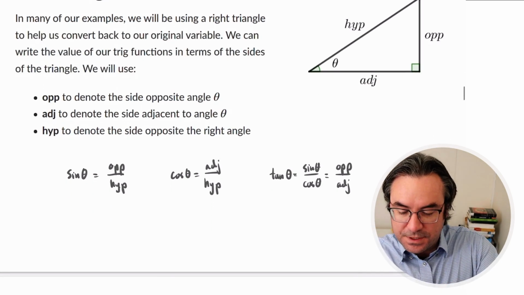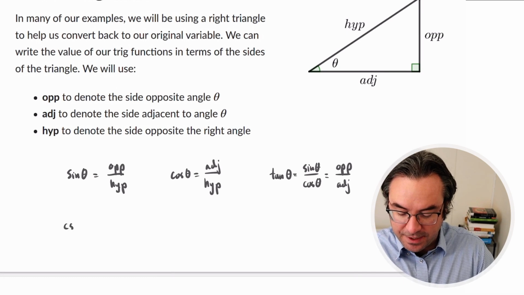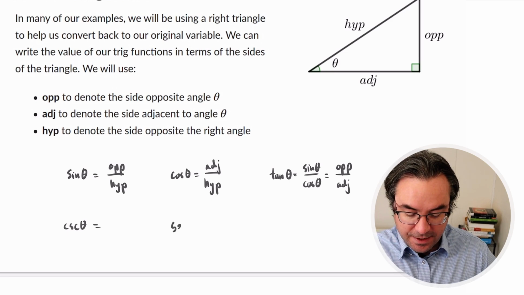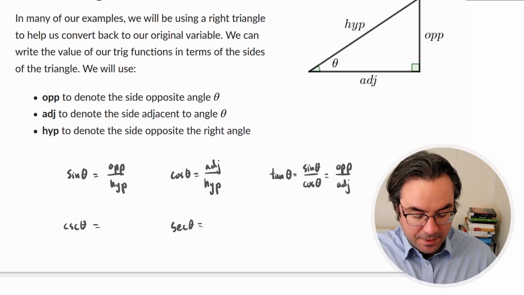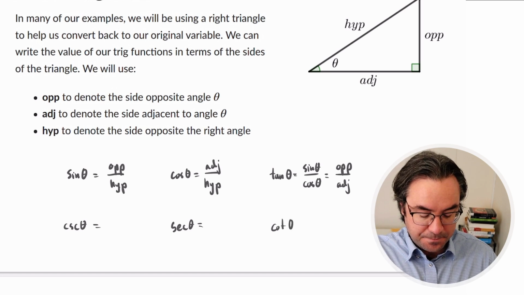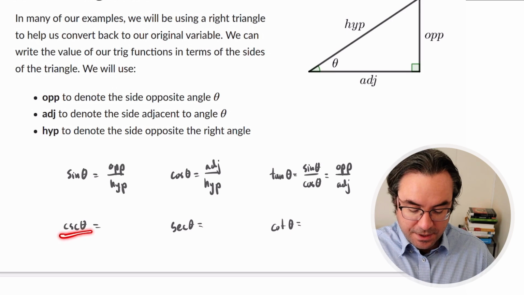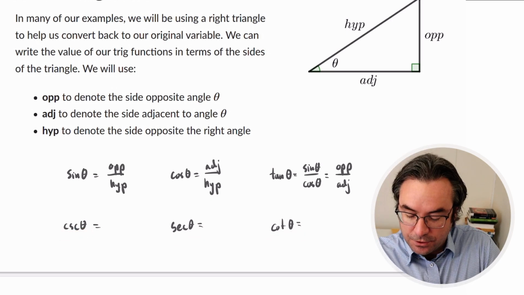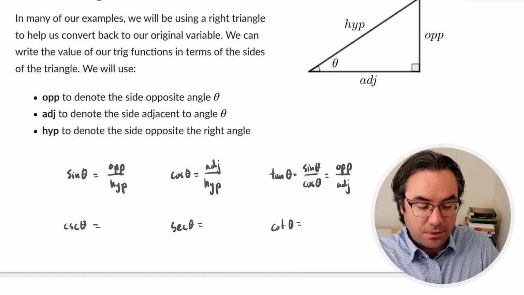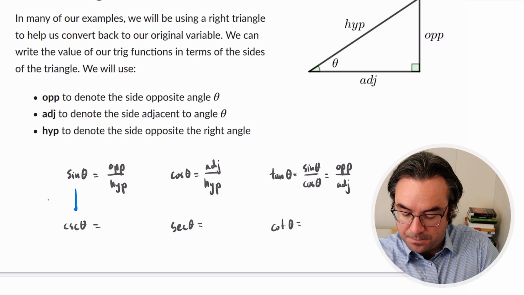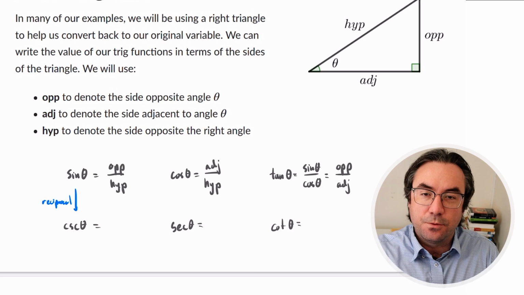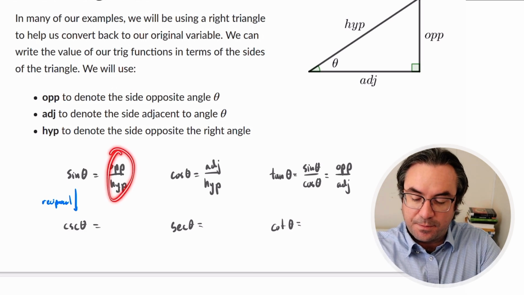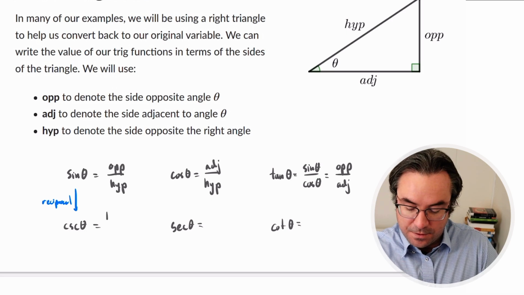And then similarly for cosecant theta, secant theta, and cotangent theta. These three other trig functions are just the reciprocals. Cosecant is just the reciprocal of sine, so we can flip this fraction around.